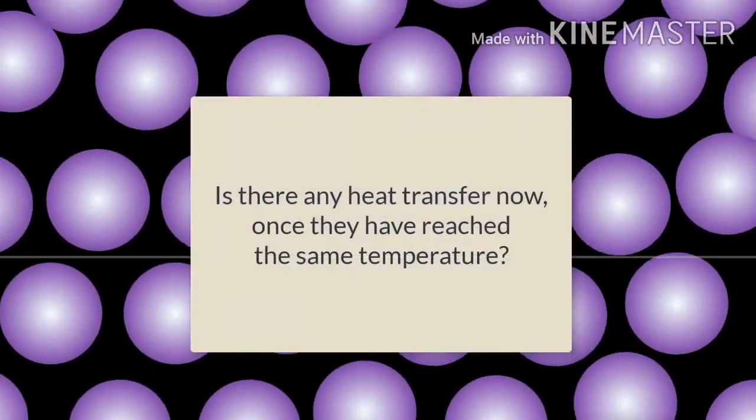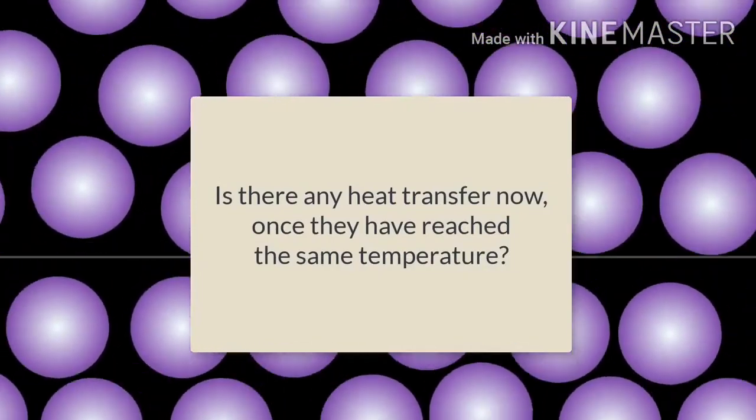Let's get back to a previous important question. Is there any heat transfer now once they have reached the same temperature? Think about it. The atoms are still constantly colliding and so are constantly transferring kinetic energy, but there is no net change in temperature. The two blocks have reached an equilibrium once they reach the same temperature.